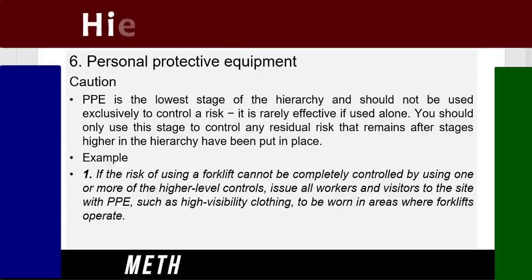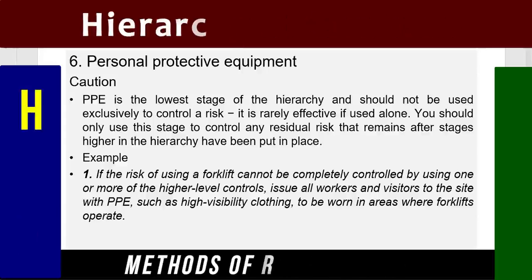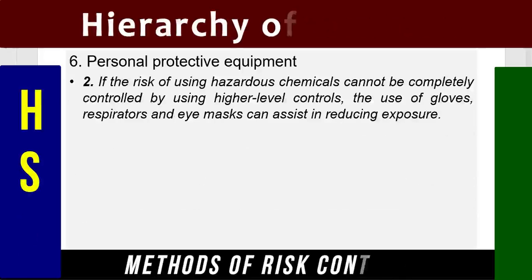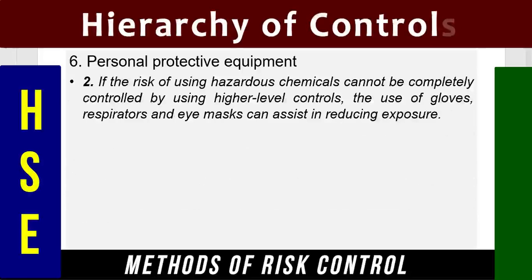So this is the last resort, personal protective equipment. In the case of hazardous chemicals, if the risk cannot be completely controlled by using higher level controls, the use of gloves, respirators, and eye masks can assist in reducing exposure.